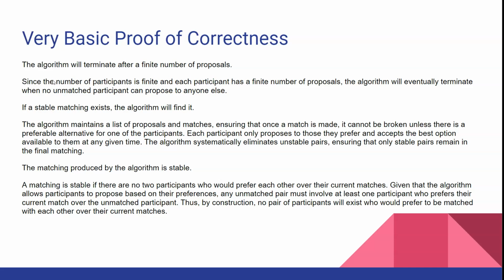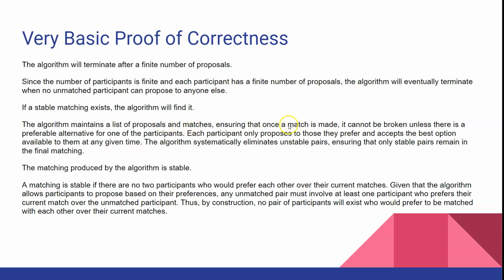For the algorithm terminating, since the number of participants is finite and each participant has a finite number of proposals, the algorithm will eventually terminate when no unmatched participant can propose to anyone else. So for why, if a stable matching exists, the algorithm will indeed find it. This is because the algorithm maintains a list of proposals and matches.